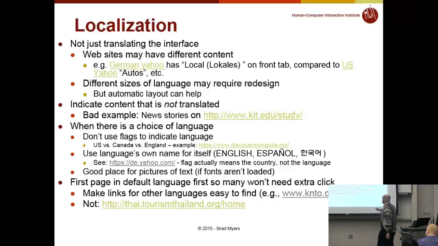And usually the .com version is in English, although not necessarily. The internet was invented in the United States, and so we got first dibs on all the extensions. And so most of the extensions where you don't have a letter code are in English.